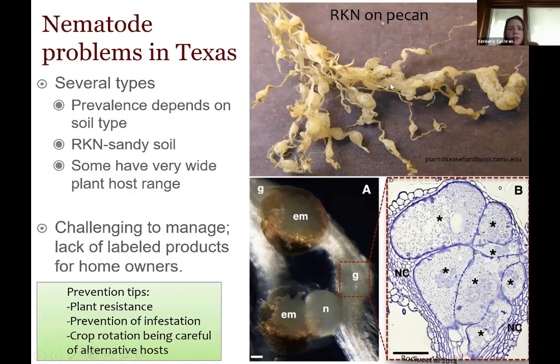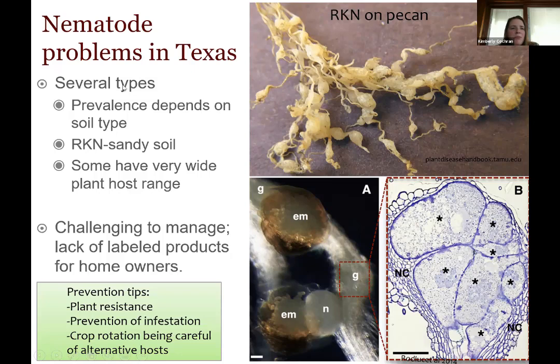So the galls that you see are going to be part egg mass and part giant feeding cell. They're pretty interesting little creatures that have a very crafty lifestyle with the plants in terms of how they hijack plant metabolism for their own benefit.